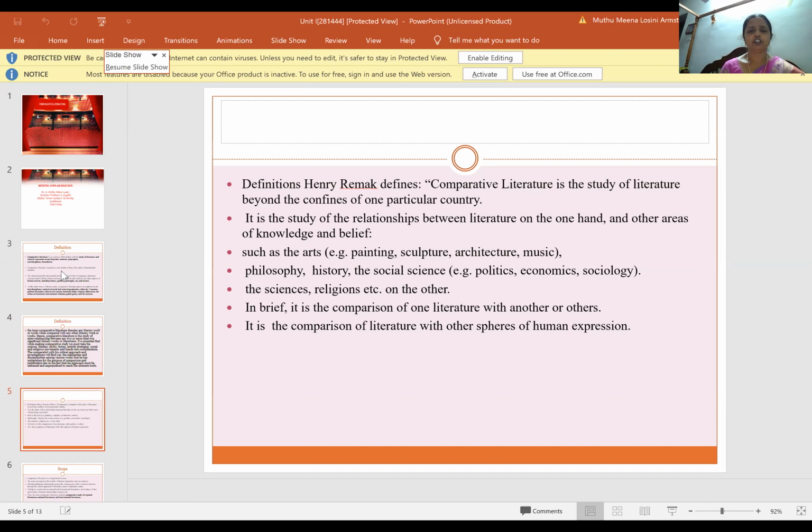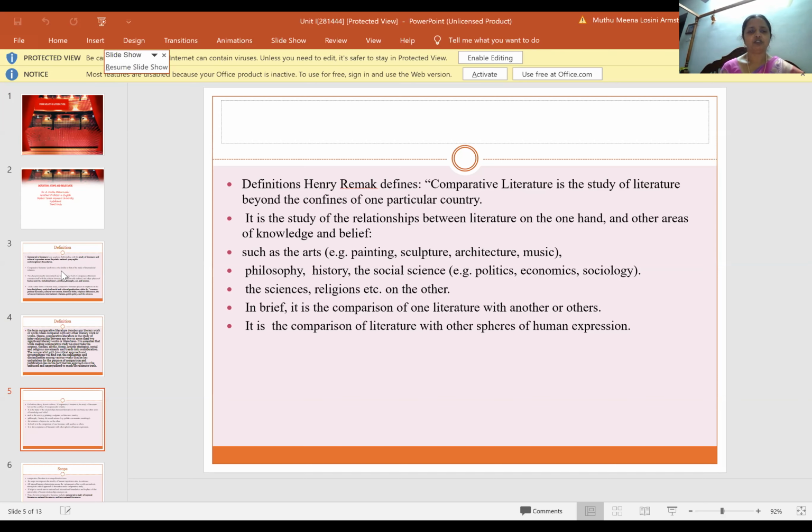It is the study of relationship between literature on the one hand and other areas of knowledge and beliefs on the other hand, maybe painting, sculpture, architecture, music, philosophy, history, the social sciences such as politics, economics, and sociology, and the sciences, religions, etc. In brief, it is the comparison of one literature with another or others, with other literatures as a whole in the universe.